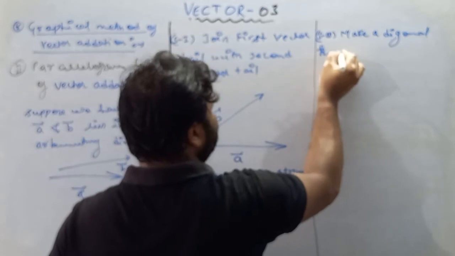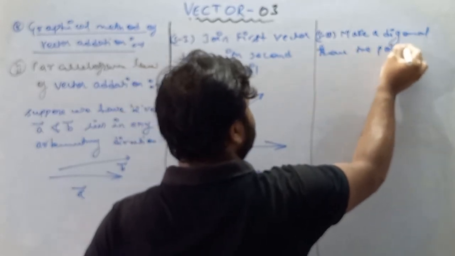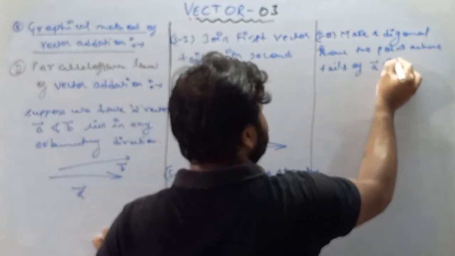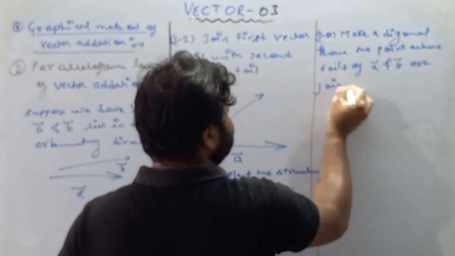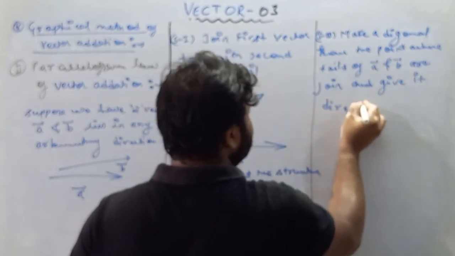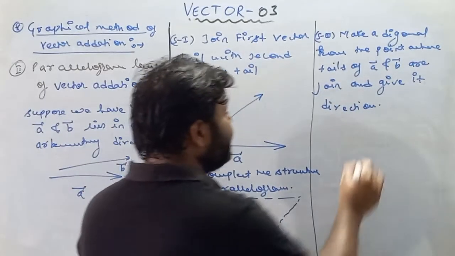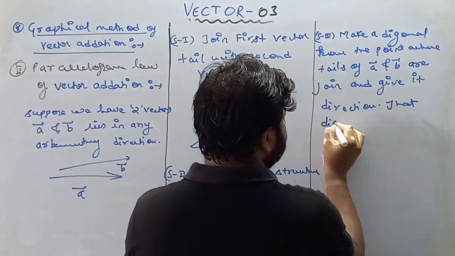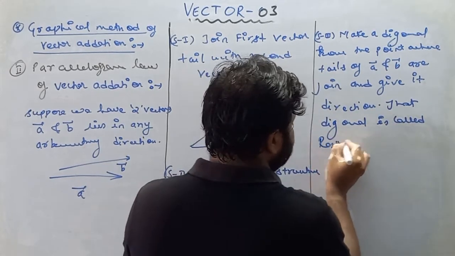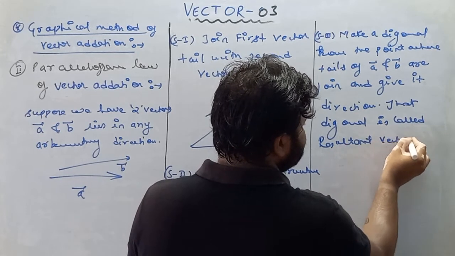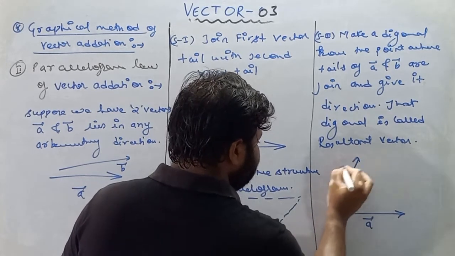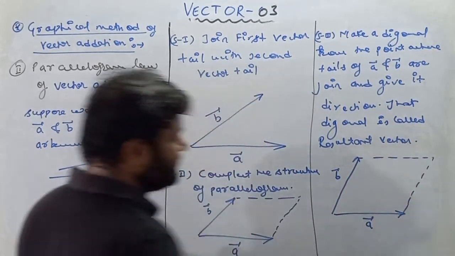Make a diagonal from the point where tails of A vector and B vector are joined and give it direction. That diagonal is called resultant vector. So now what we have to do, my dear student, this is our A vector, this is our B vector, and we'll complete the structure of parallelogram.